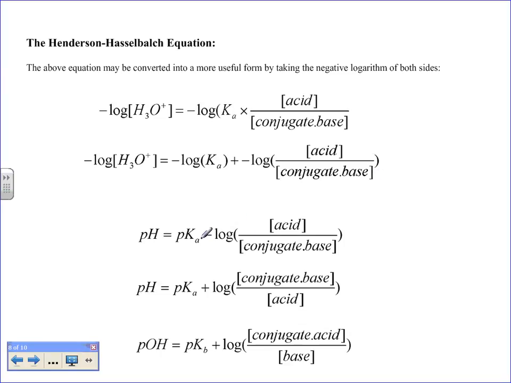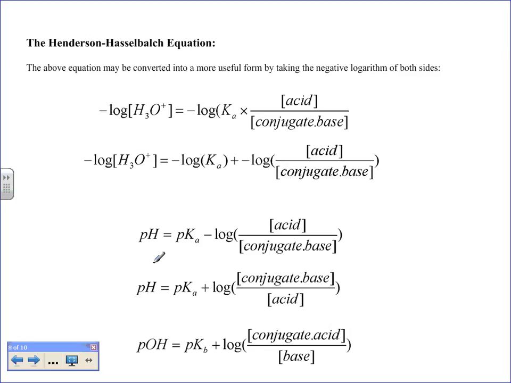Now, to make the formula neater, we change this sign to a plus, and what that does is it switches these around, so the conjugate base is the numerator and the acid is the denominator. Negative log of Ka is actually just the same as the pKa. Negative log of H3O plus is just the pH.